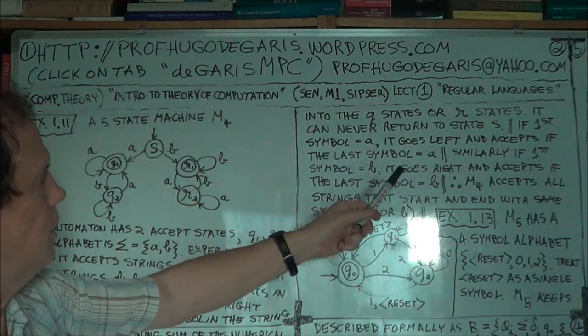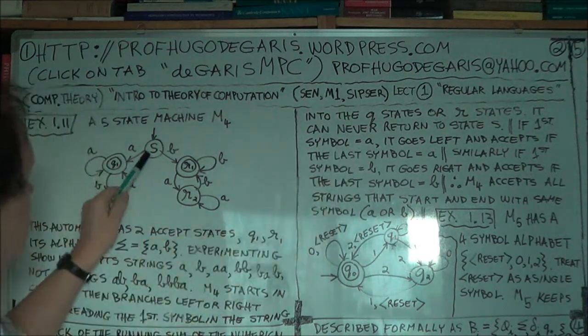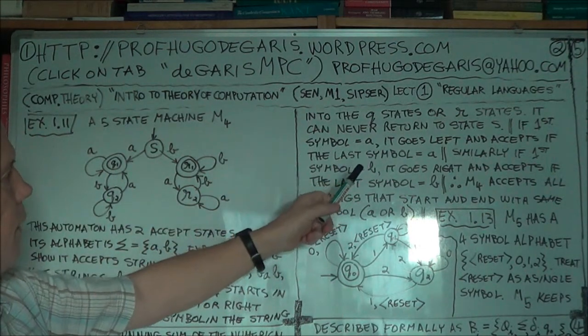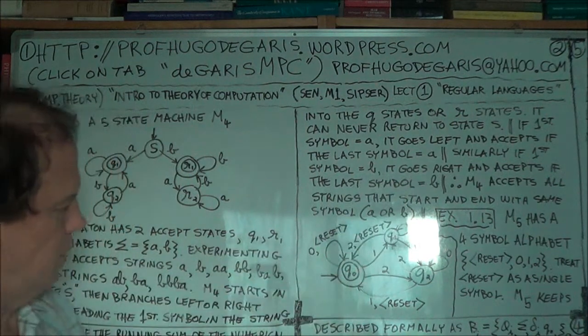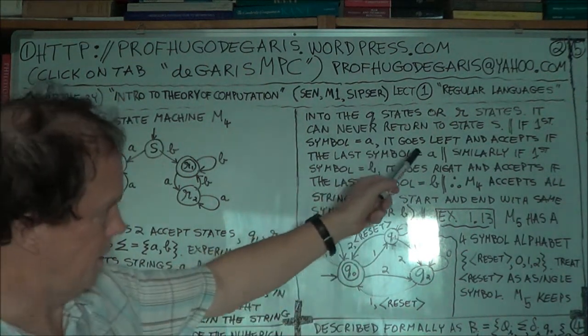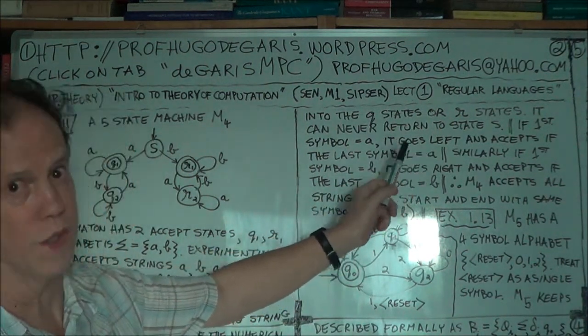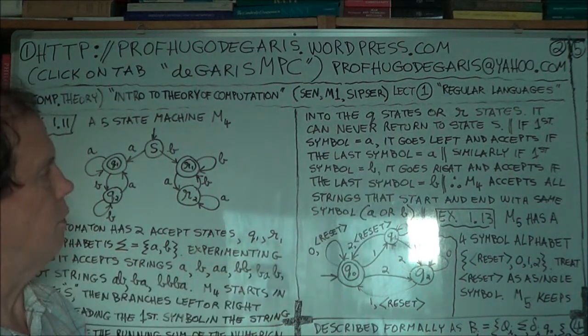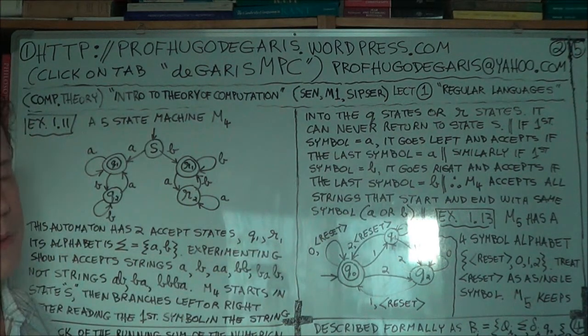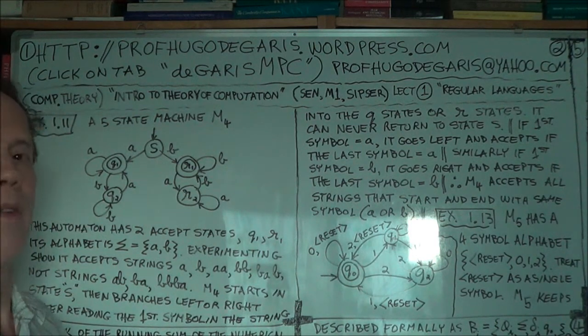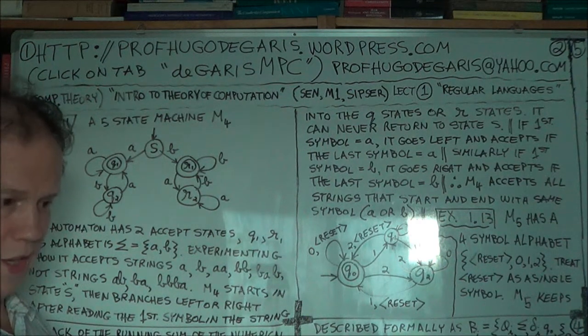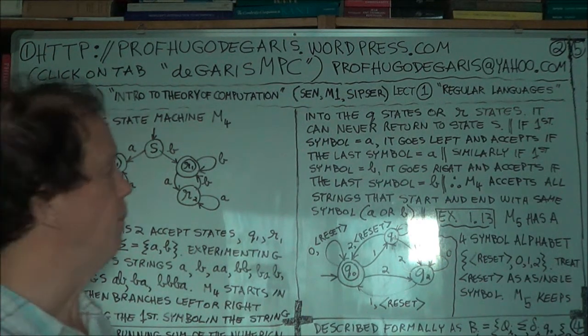Now if the first symbol's A, it'll branch left, and it will accept if the last symbol is A. Now you're starting to come to some conclusions about the function of this automaton. In other words, the nature of the language that it recognizes, the nature of the strings that it accepts.